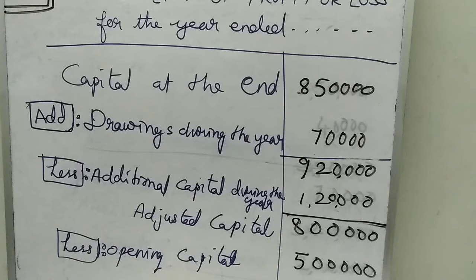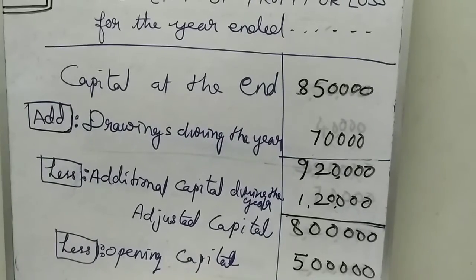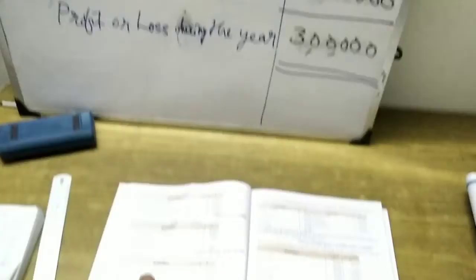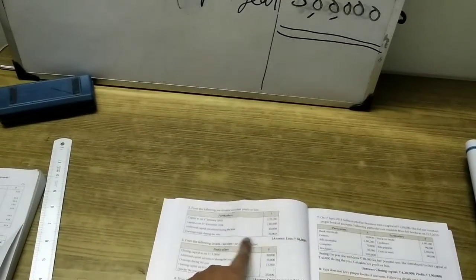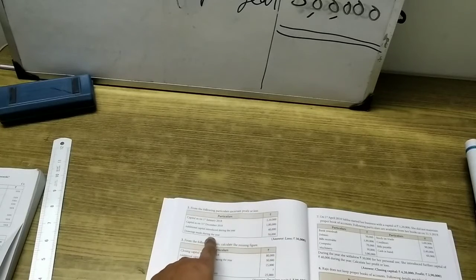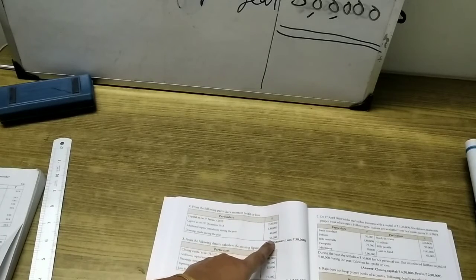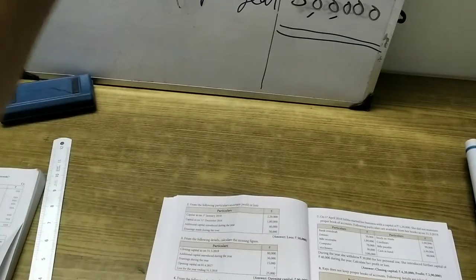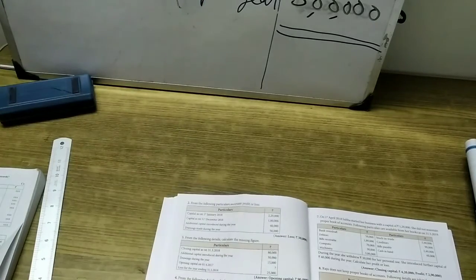Capital as on 1st January, 2,20,000. Capital on 31st December, 1,80,000. Additional capital introduced during the year, 40,000. Drawings made during the year, 50,000. Now we are going to find out the profit or loss based on the same statement. Closing capital 1,80,000.